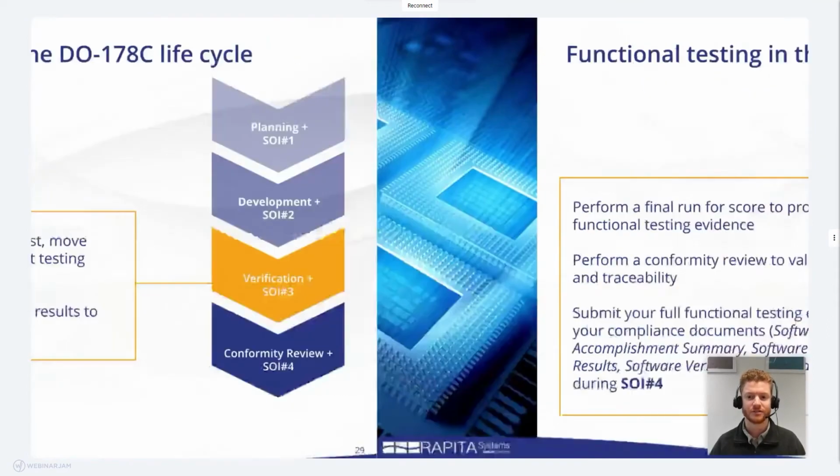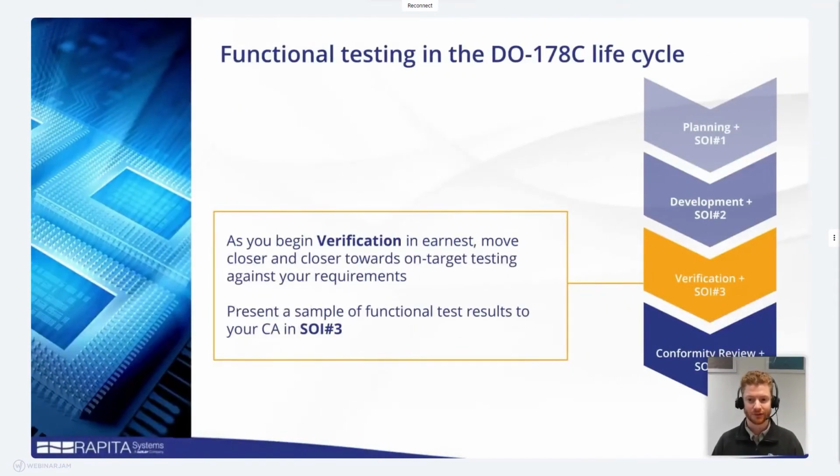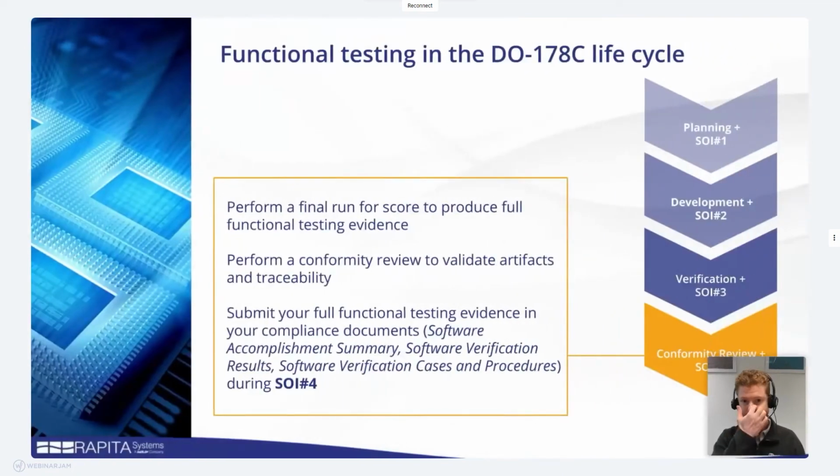So just to skip back, by SOI 3, you should be able to run your tests, have a good idea that they're all going to pass, and that your other verification artifacts such as your code coverage or your timing data are also available at that stage. Finally comes the formal verification, the conformity review and the final submission of all of your actual evidence.